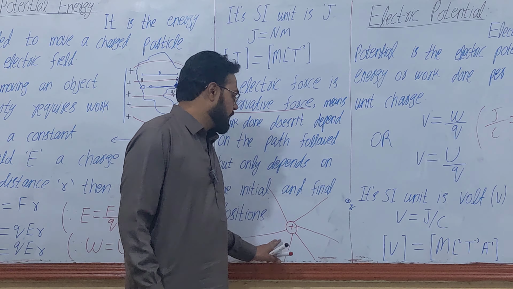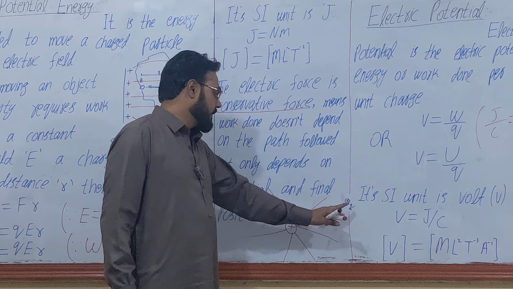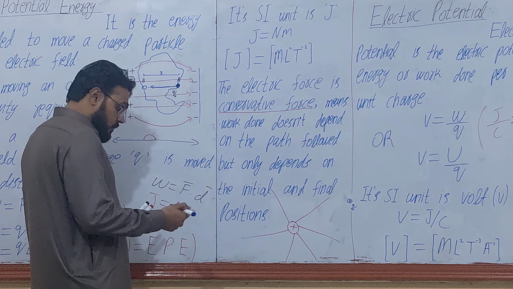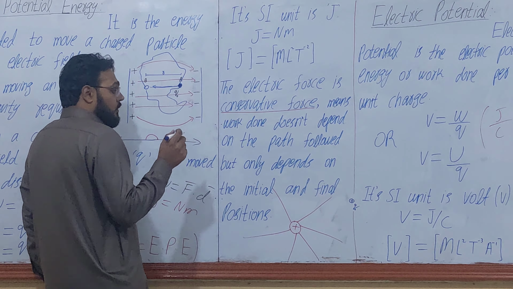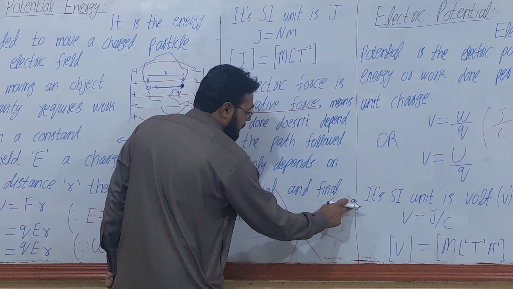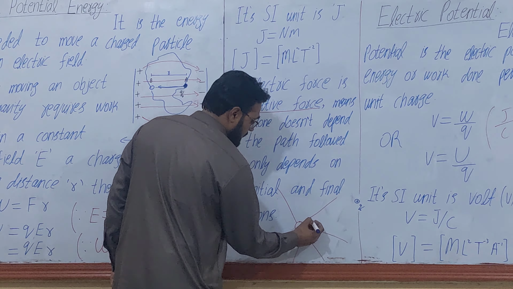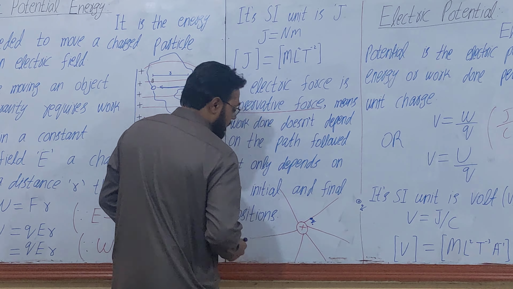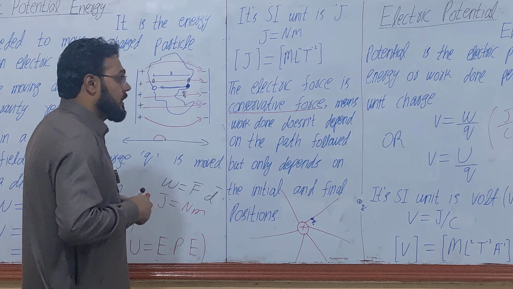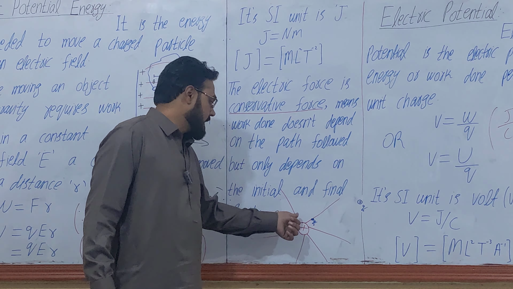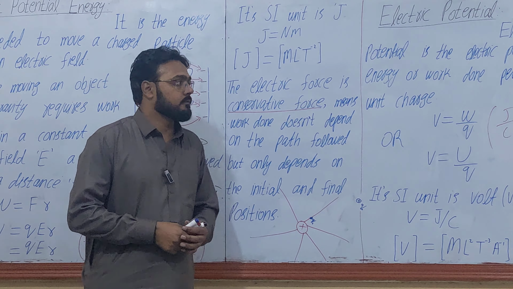This charge is out of range, so it's at infinity with respect to this charge. The energy required to move a charge from infinity to that point is known as absolute potential energy.